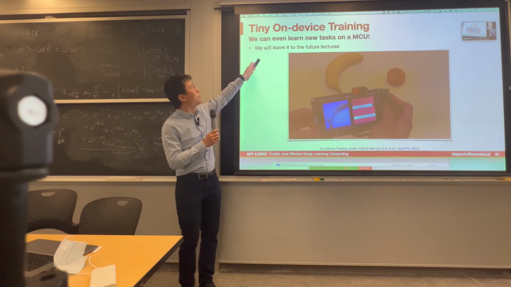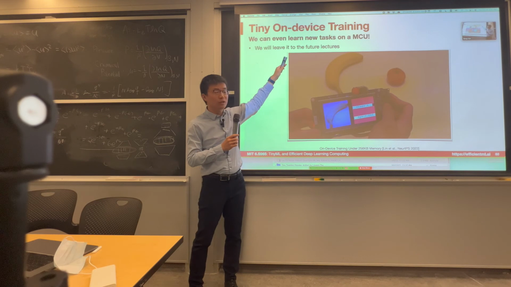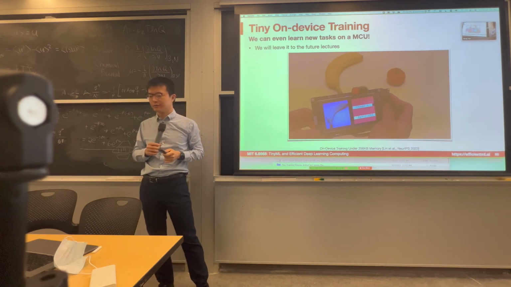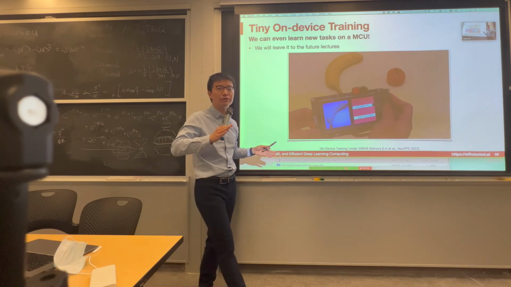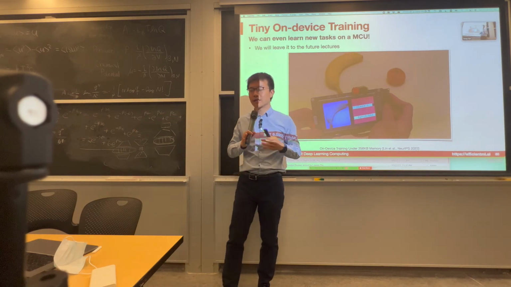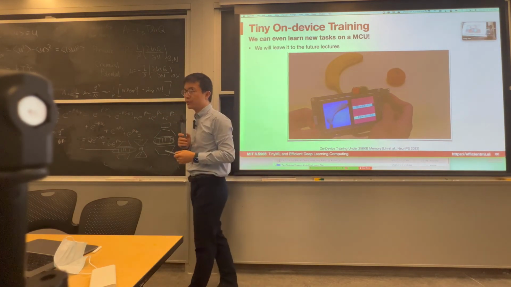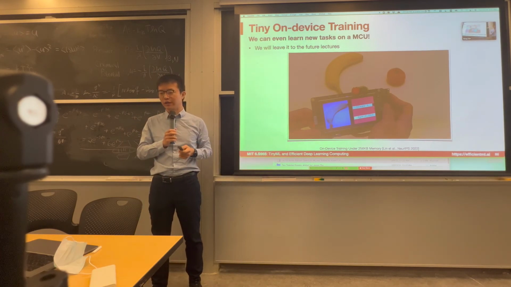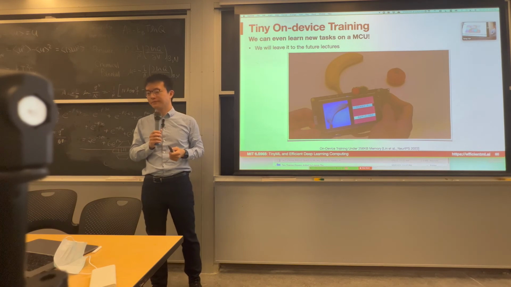We will leave it for a future lecture; we'll cover that in the on-device learning lecture. So far, everything we covered is about inference, right? In the second half of the semester, we are also going to talk about training, both distributed training and on-device training, starting from next week.